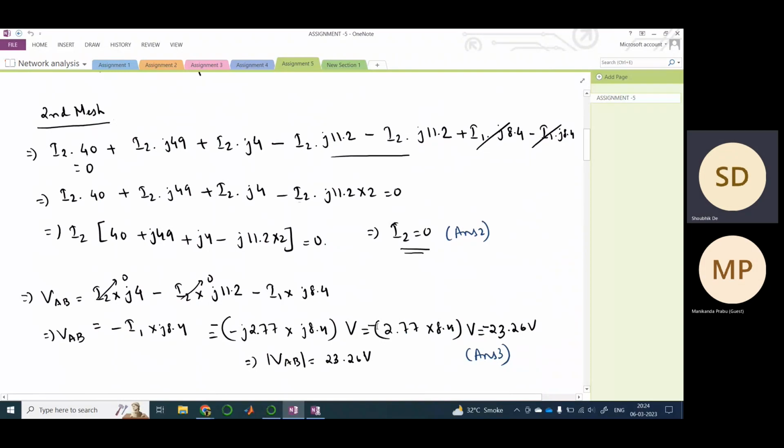Therefore, how would there be a potential difference? Many students would simply write the equation I2 into XL2. Since there is no current, it is 0, but it won't be 0, because it is mutually coupled with two other inductors, and you also need to take that into account, right? So that is why you get this value. Okay.